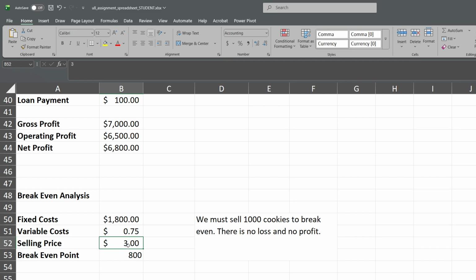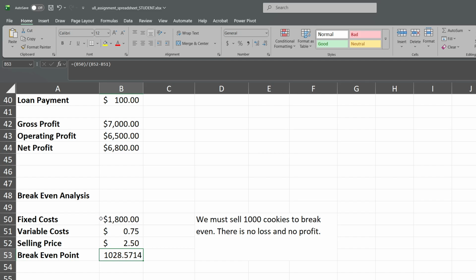I can either say my break-even point is 800, or I can now try to see if lowering the sale price to $2.50 will sell me more cookies. I'm sorry, will grant me more profit, though I have to sell just a few more cookies. So this is 1,028, where before it was 1,000.